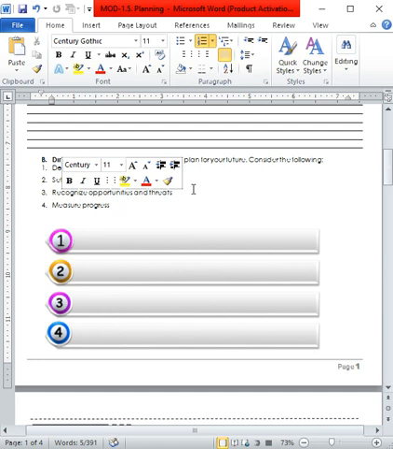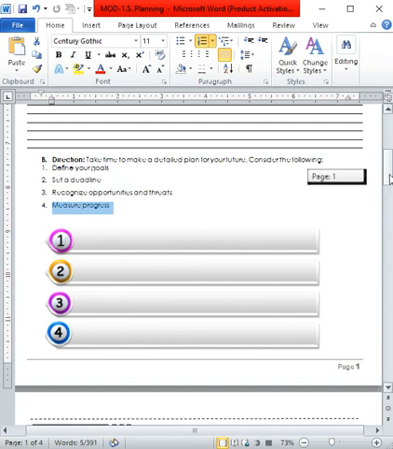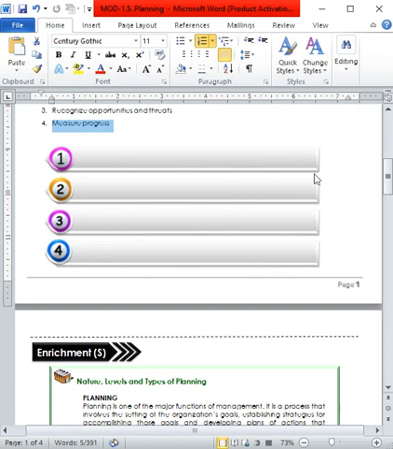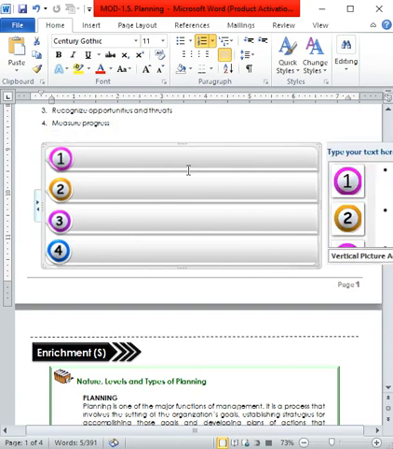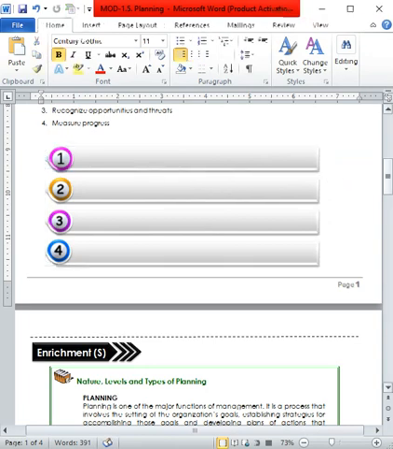So you have to know what might be possible to happen in the future. It can be opportunities or threats. And measure your progress. Next, you could write your answer here. Don't forget, okay? So let's proceed to the next one.